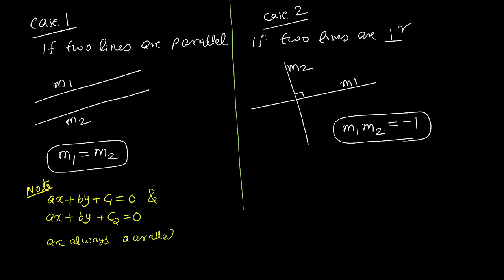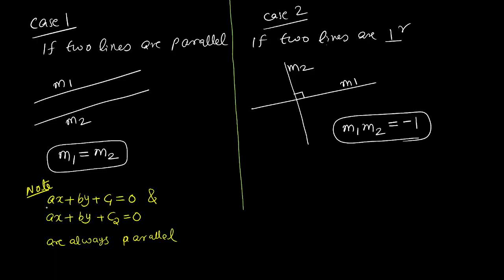Why always parallel? If you express them in the form y equal to mx plus c and find the slope, you can see that both lines have the same slope. Hence they are always parallel.